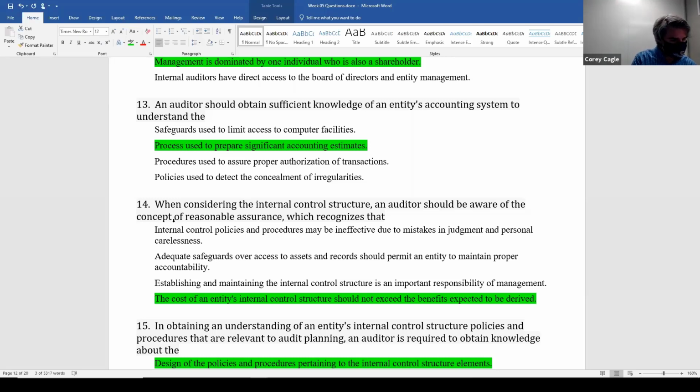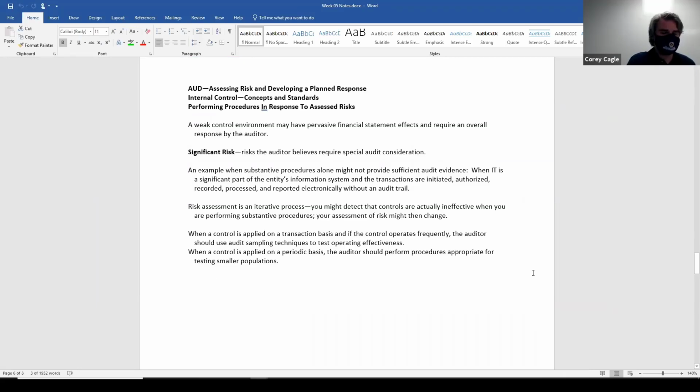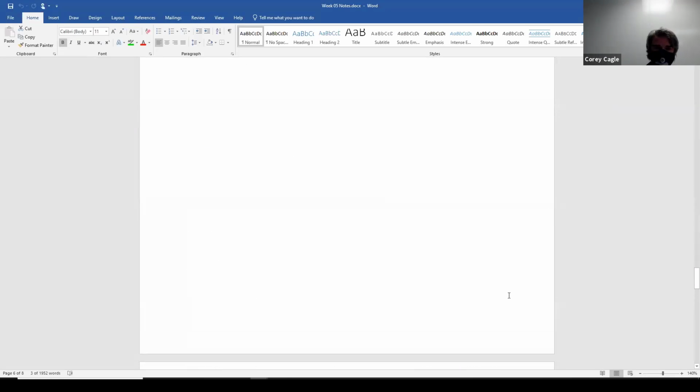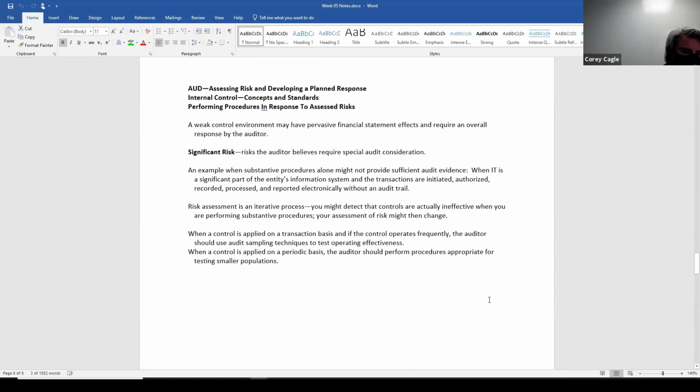All right. Performing procedures in response to assessed risks in control. So really, the main thing with this in the next section are some of these definitions that show up quite a bit. Really more so in the next section. This section right here that we're looking at doesn't have a whole lot to it. You know, we're assessing internal controls.